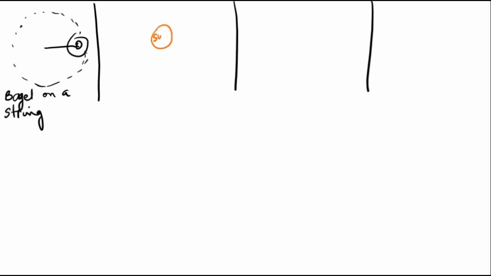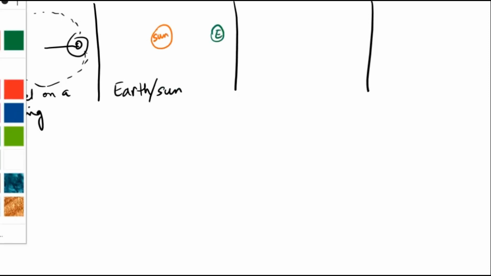So we're going to take a look at some examples of circular motion. Let's say we have a bagel tied to a string and we are moving it around on top of our head in a circular path. That's one example. Next, you might have noticed that Earth moves around the sun.